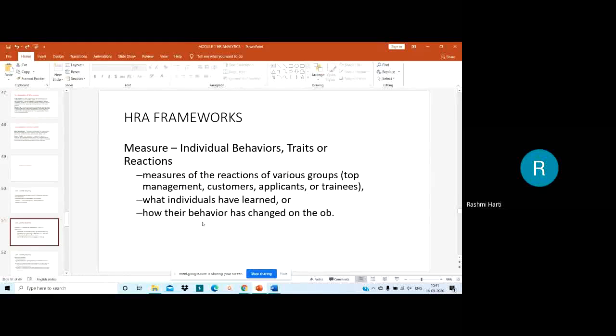So when we speak about the HRA framework, it measures reactions of groups too: top management, customers, applicants, trainees. What individuals have learned and how their behavior has changed on the job will be identified when it comes to measuring individual behavior, traits and reactions, right?